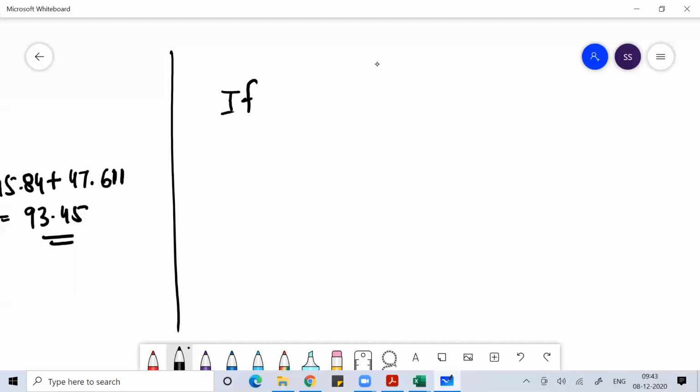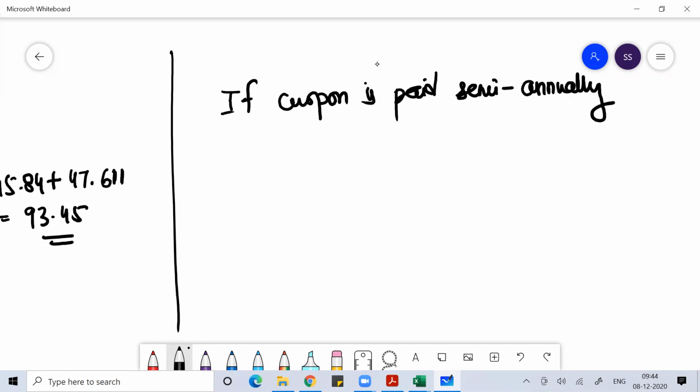In case the coupon is paid semi-annually, here in this question they mentioned that the coupon is paid semi-annually.